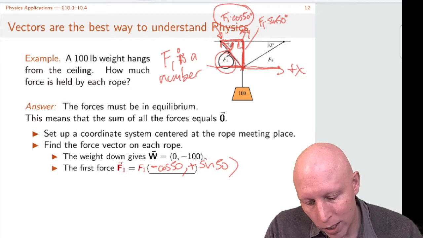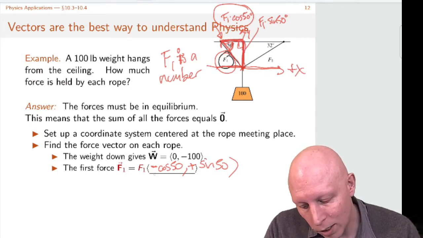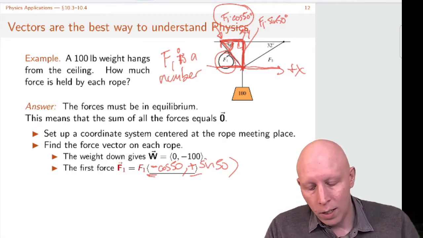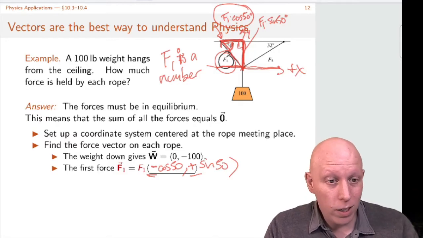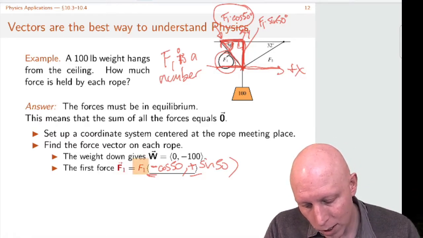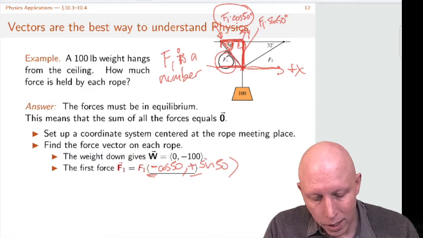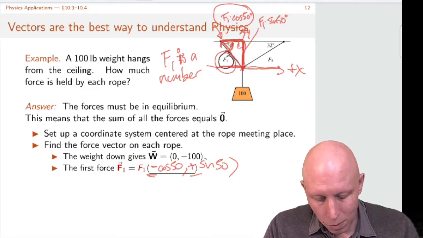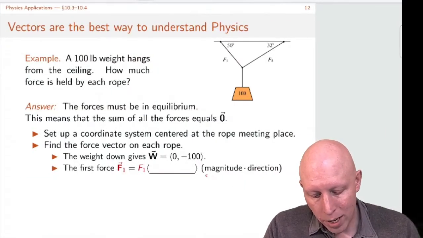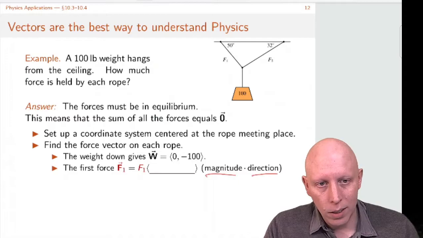And so we're going in the negative x direction, but we're going in the positive y direction, and that's why we have these values. Okay, so F1, the vector, is equal to F1, the number, the force, times negative cosine 50, comma, positive sine of 50. Right, this is the magnitude times the direction.